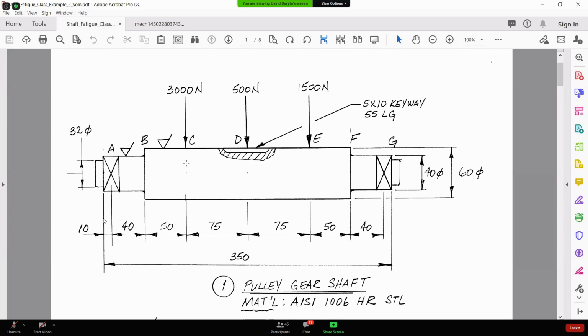Is there a snap ring groove? No, there are no geometric changes. So if there are no geometric changes, there's no KT, there's no static stress concentration factor, which means that the nominal stress is equal to the maximum stress. If there's no KT, there's no Q, we can't find a KF, which just means that your KF and your KT are going to be 1. So your nominal stress will be equal to your maximum stress.